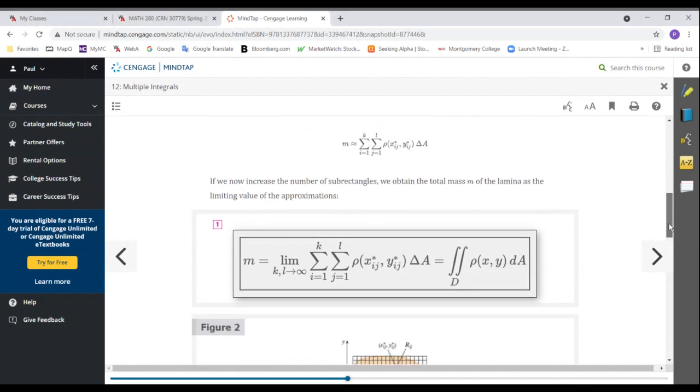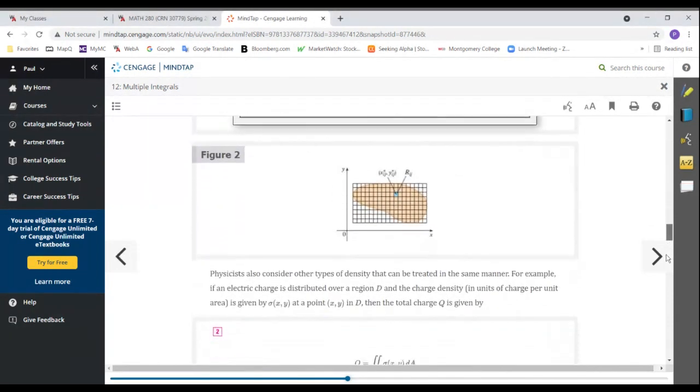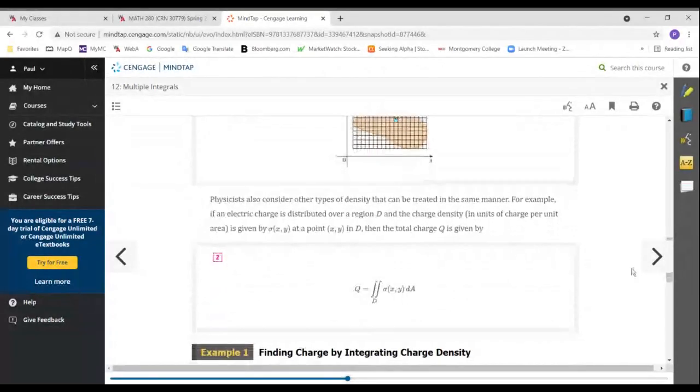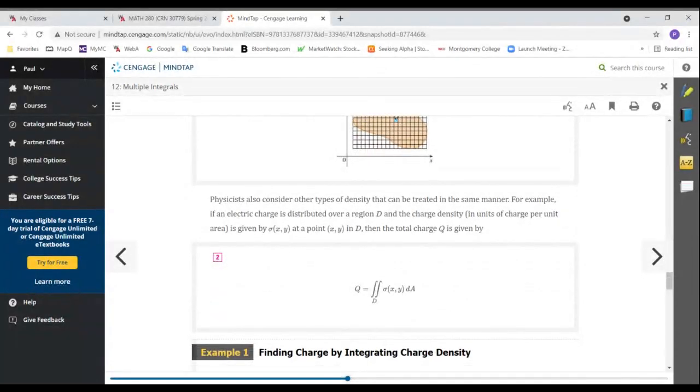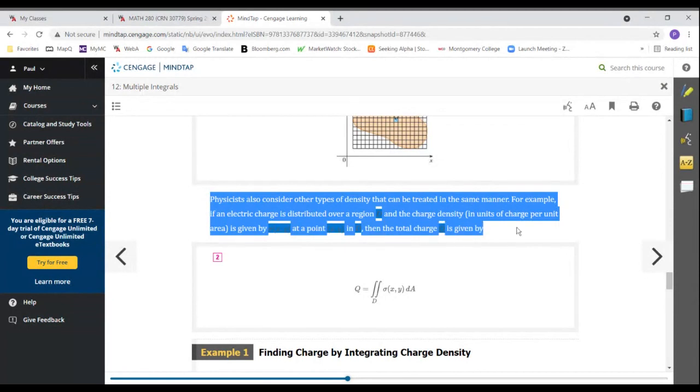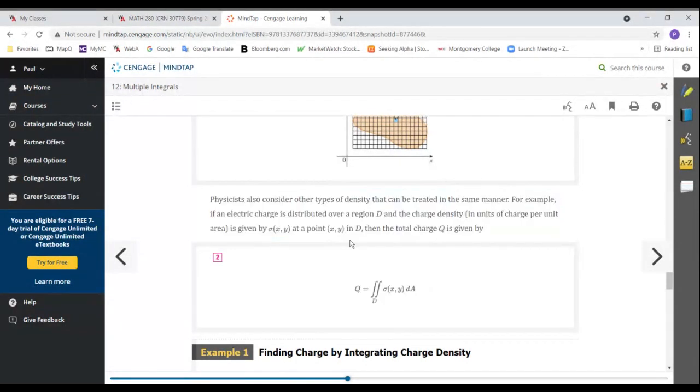Okay, well, let's go down a little bit then. They mention that physicists also consider other types of density that can be treated in the same manner.